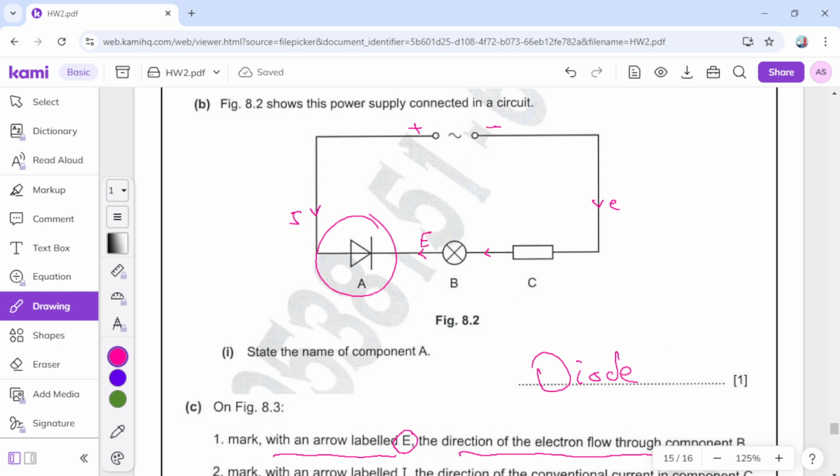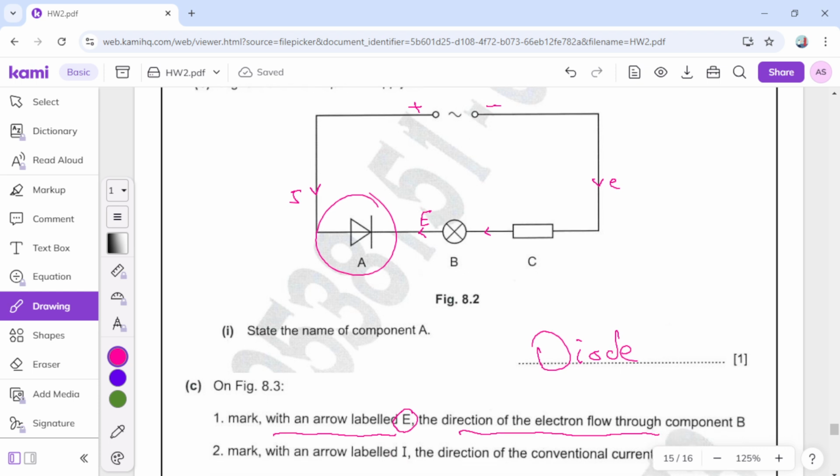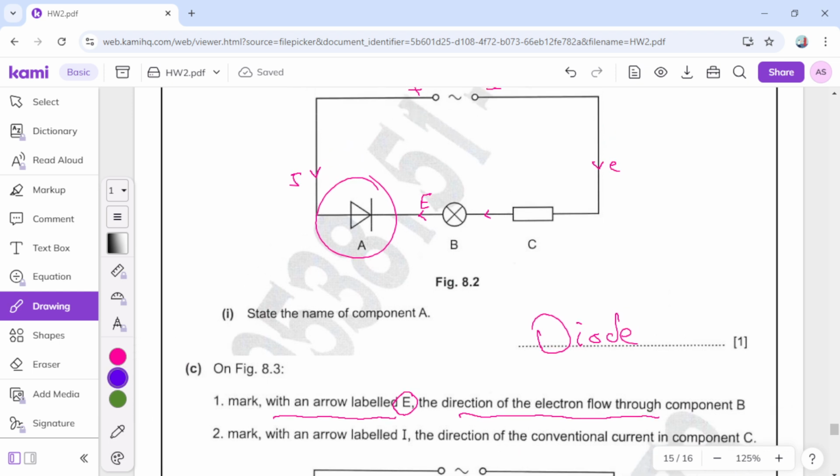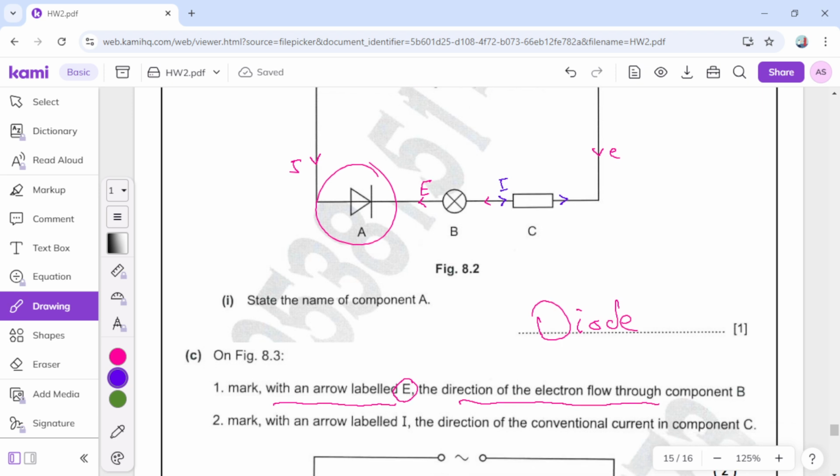Okay, now mark with an arrow labeled E the direction of electron flow through component B, sorry. So this will be this arrow. What about an arrow labeled I, the direction of conventional current through component C? This is component C. Now we have, this is the current direction. Okay, this is why we choose these directions.